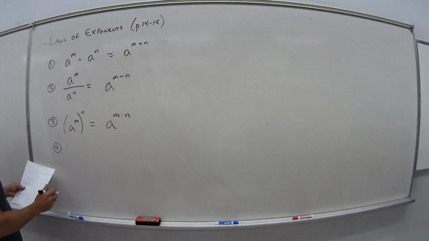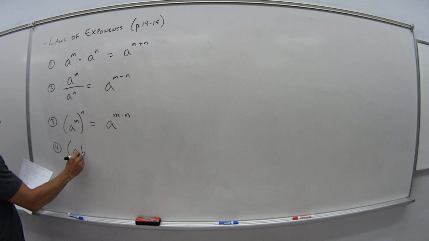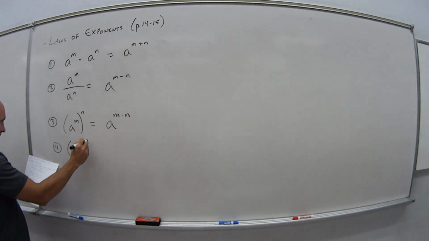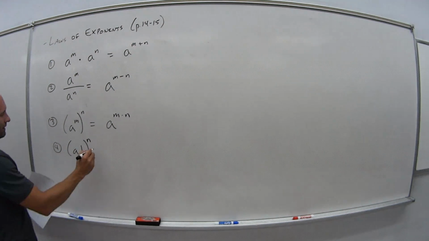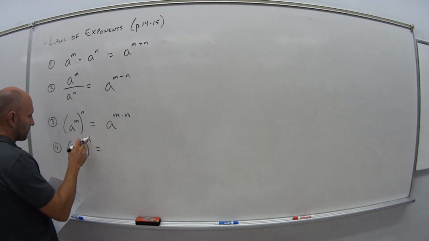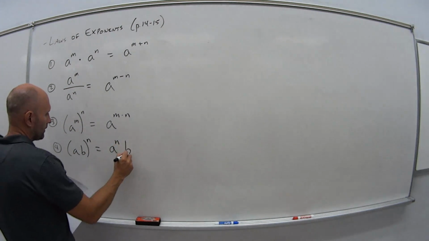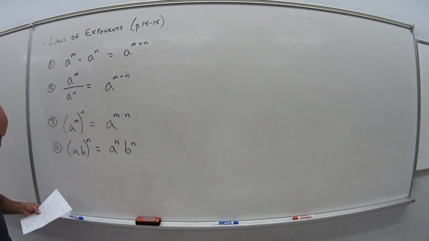I can use some distribution here. If I have two numbers, a times b, and it's all being raised to the n power, this is the same as if I break it apart and do the exponents separately. So a to the n power times b to the n power.